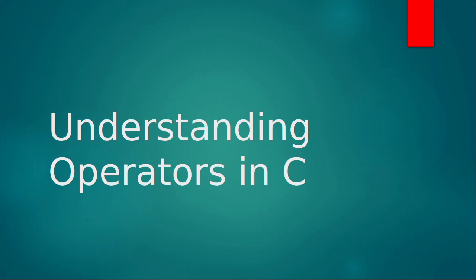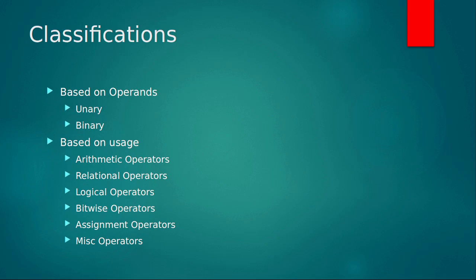I also explained that there are two types of operators: unary and binary. That is when you classify them based on how many operands are required.